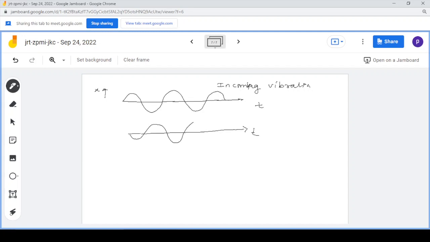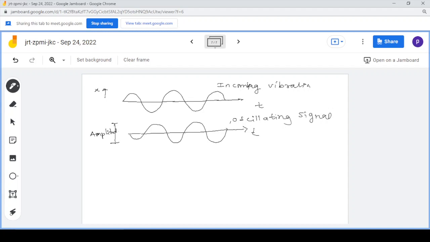Now if you closely observe, it has the opposing nature to the incoming vibration. So this is an oscillating signal. Let us call this oscillating signal as having an amplitude of this, or this can be considered as a displacement. Okay.